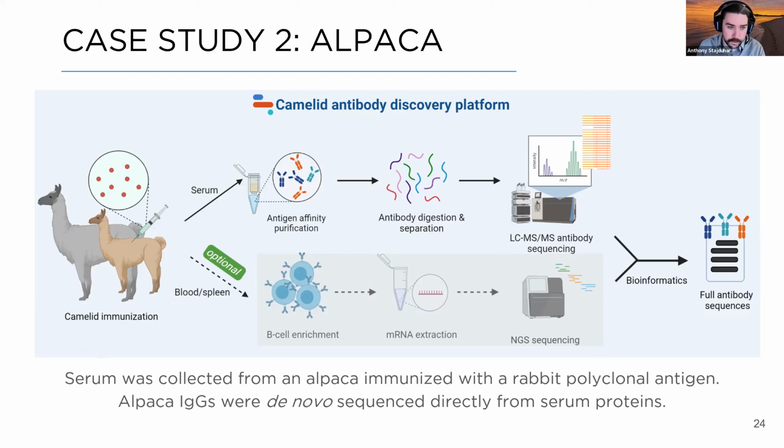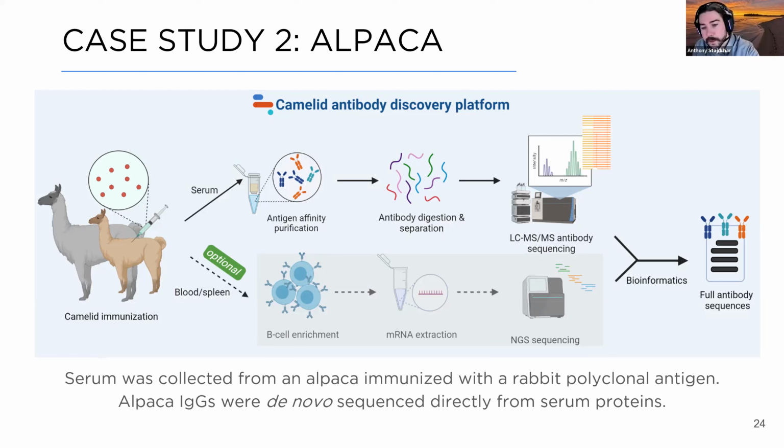Most of them were nanobodies, although I will also point out that because we were actually sequencing the functionally expressed antibodies, and because we've developed some of our own techniques for enriching for the entire polyclonal antibody and fractionating it, we can actually access not just the heavy chain only antibodies, but also full length IgGs that exist within the camelid serum.